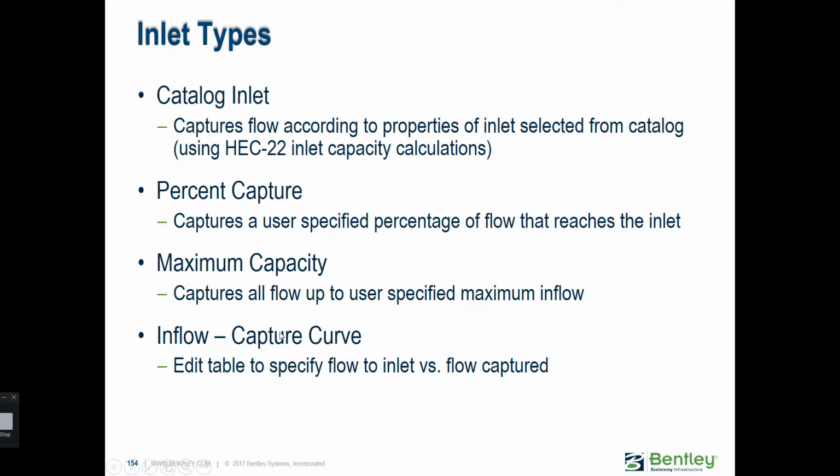Or you can input a curve that says inlet versus flow captured. So flow that is coming in the gutter. So if you're seeing a flow in the gutter of, let's say, 10 cubic feet per second, the inlet can absorb 5 of them, and then the rest would become bypass flow to another inlet. So something like that. So really what we're going to focus on now is that catalog inlet.